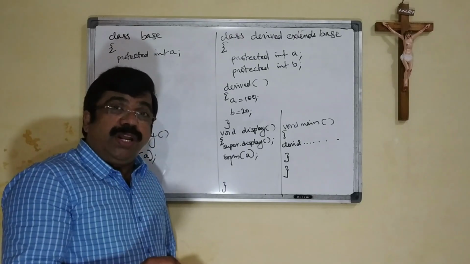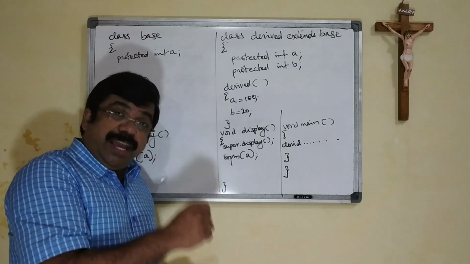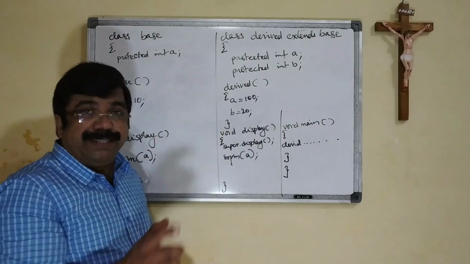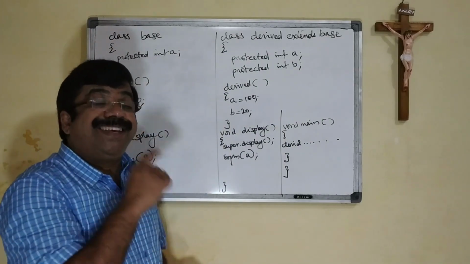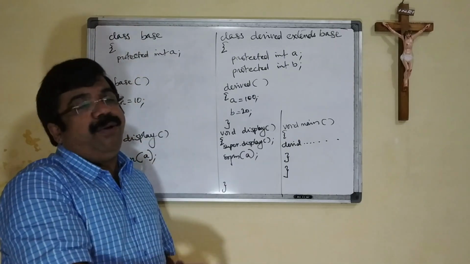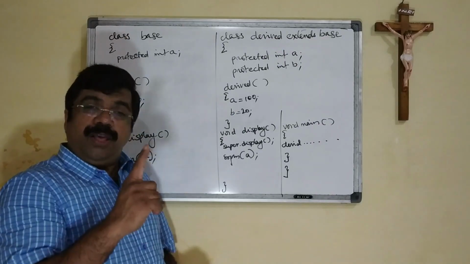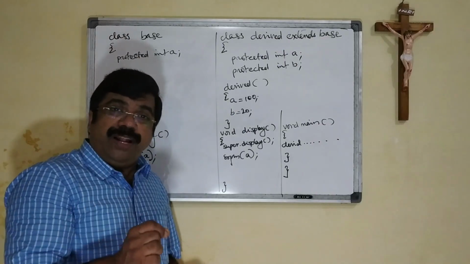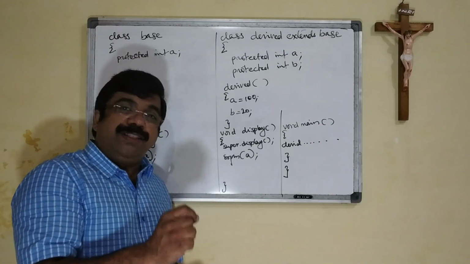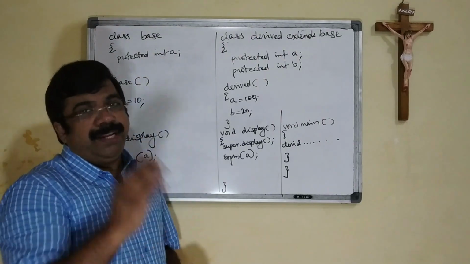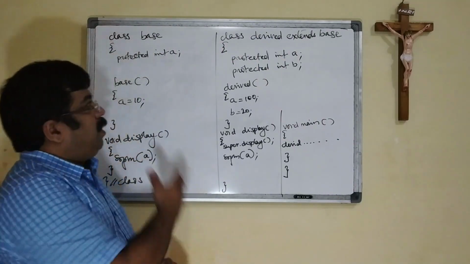The variable which is declared in the derived class with the same name as the base class variable will become hidden in the derived class. The base class variable will become hidden if we declare one more variable with the same name. Let us see with the help of one example.